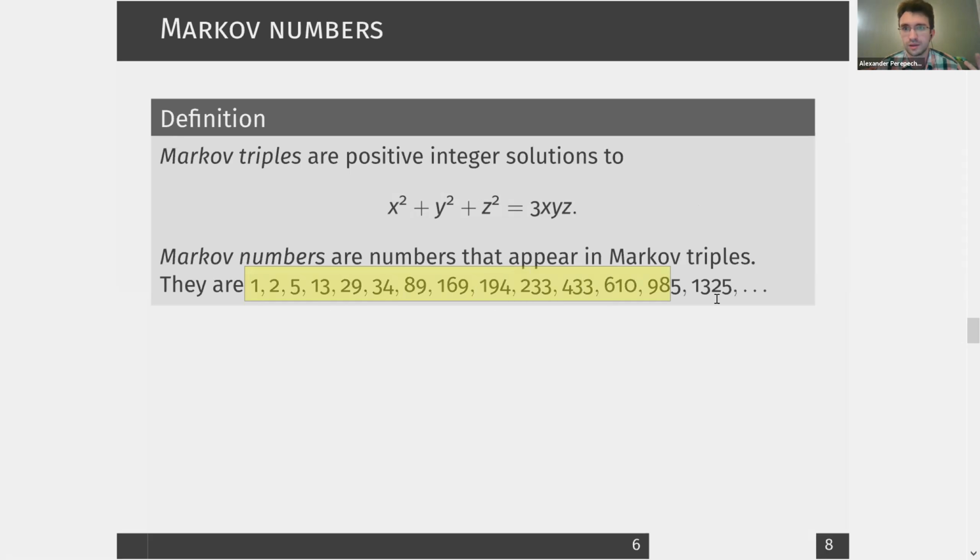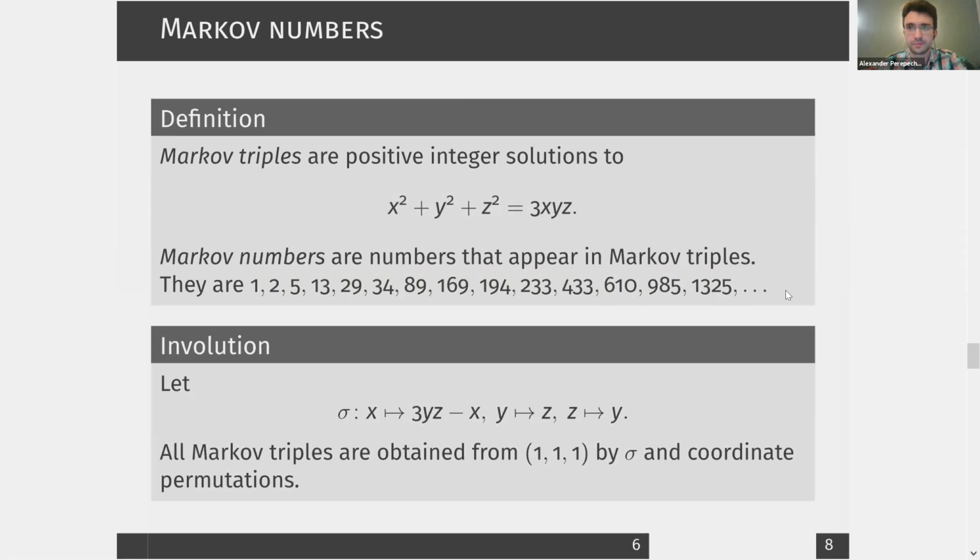There is an infinite number of them. In fact, we can obtain all Markov triples from the trivial solution (1, 1, 1) by coordinate permutations and by the involution that sends x to 3yz minus x.